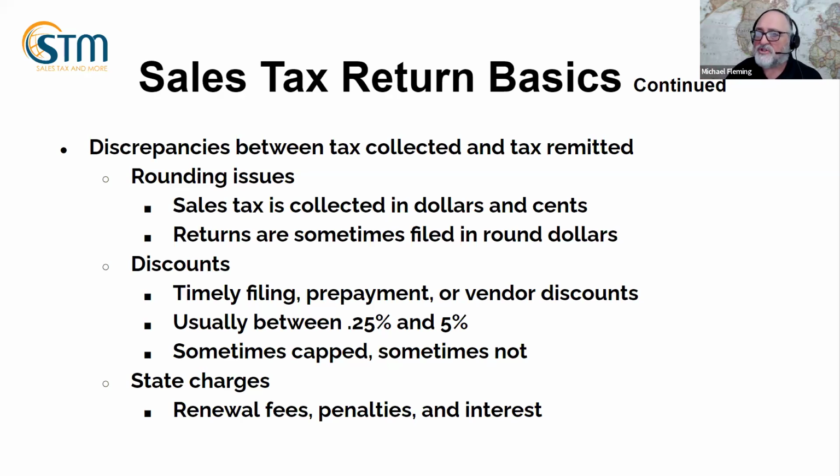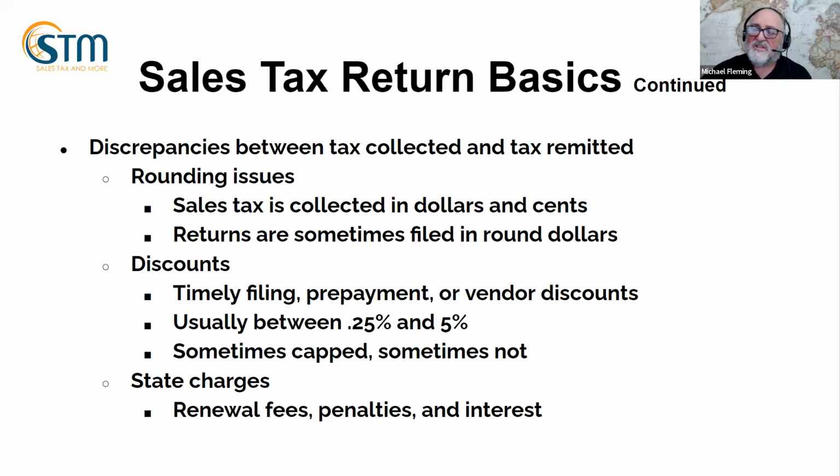There are rounding issues. There are discounts when you file on time, or when you prepay, or you have vendor discounts, they sometimes call them. They're going to be between 0.25% and 5%. Sometimes they're capped, sometimes they're not.